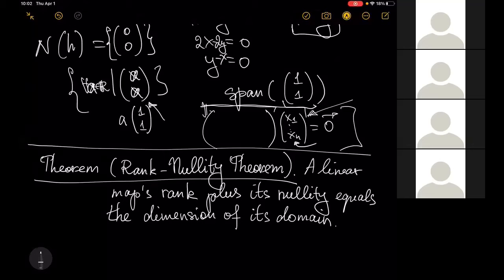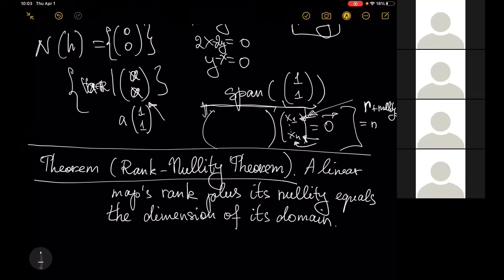So rank plus nullity equals the dimension of its domain. In this case, it's n, right? Because it's defined for every column vector belonging to Rn.